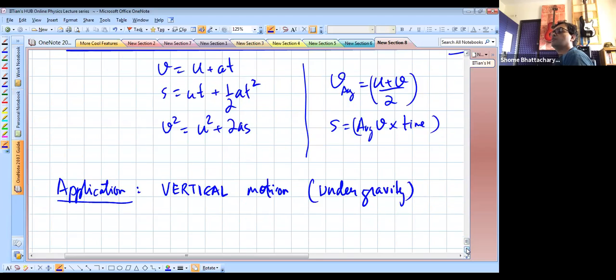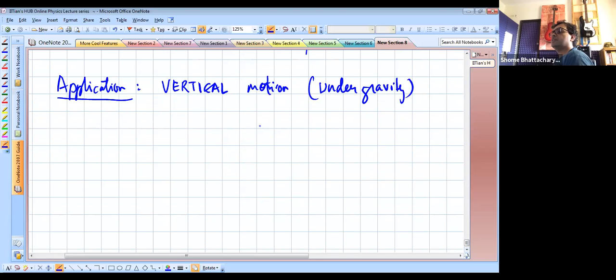So as you know, near the surface of the earth, we take the acceleration due to gravity vector as a uniform magnitude quantity, which is 9.8 meters per second square, which we often take an approximate value of 10 meters per second square. So why are we able to take this as uniform? Because near the surface of the earth, our typical height is very small compared to the size of the earth itself.